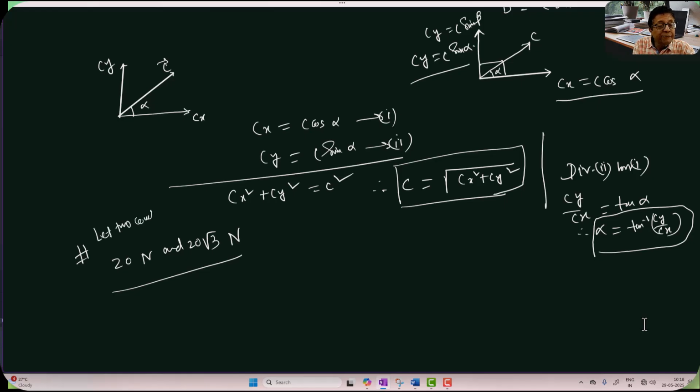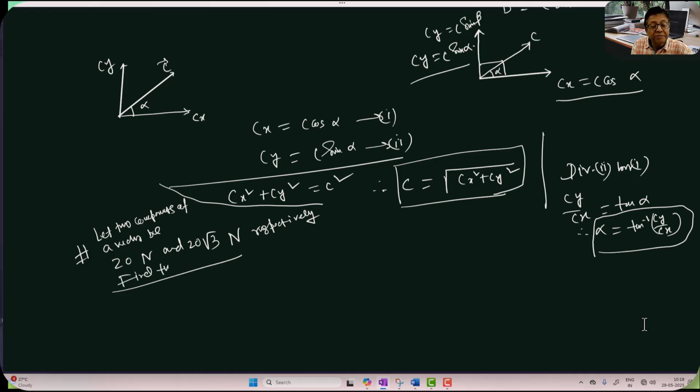Let two components of a vector be 20 Newton and 20 root 3 Newton respectively.